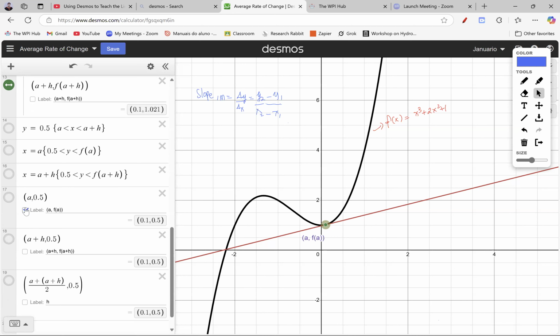Let's call this point a and f of a. Okay, so this is the point a and f of a.